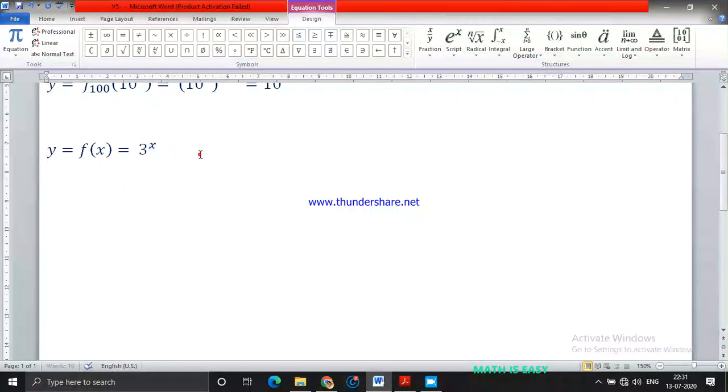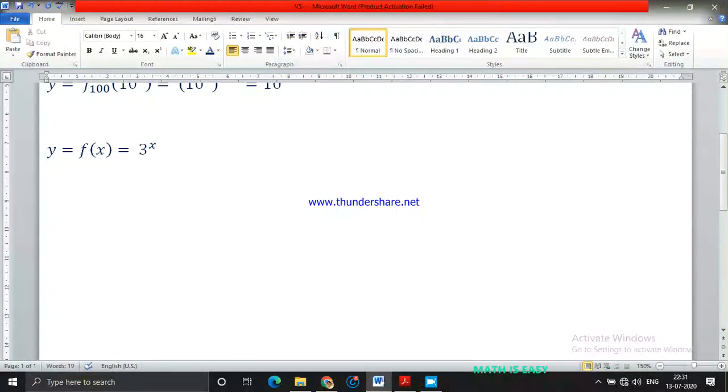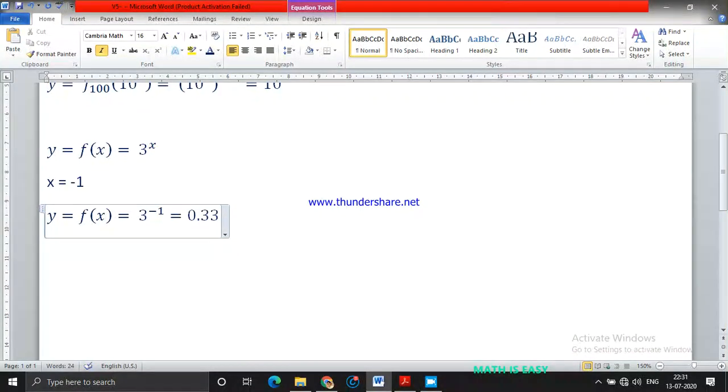This is the function which I have considered. For example, if I take x equals minus 1, then what do you get for the y value? y equals 3 to the power minus 1, which is nothing but 1 by 3. 1 by 3 is nothing but 0.33, and so on.